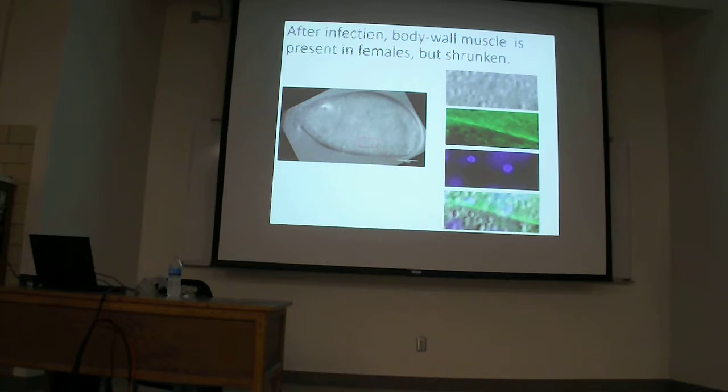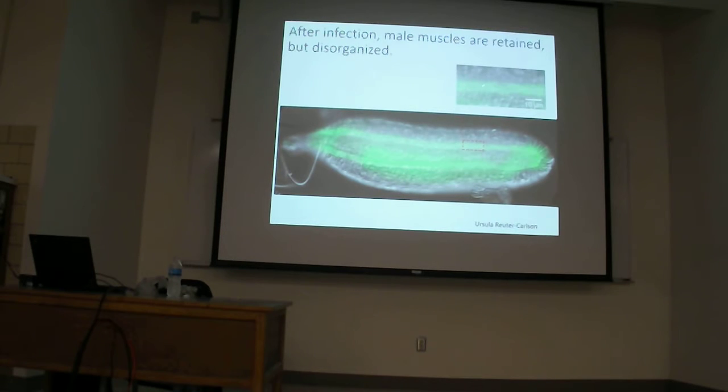I mentioned the males become immobile, but then they regain their mobility later on. So what happens to the muscles in males? Well, they show an increase in disorganization. However, the muscle tissue does not seem to atrophy as much as you would see in the females. This is a J4 male, and we see on one side two quadrants.